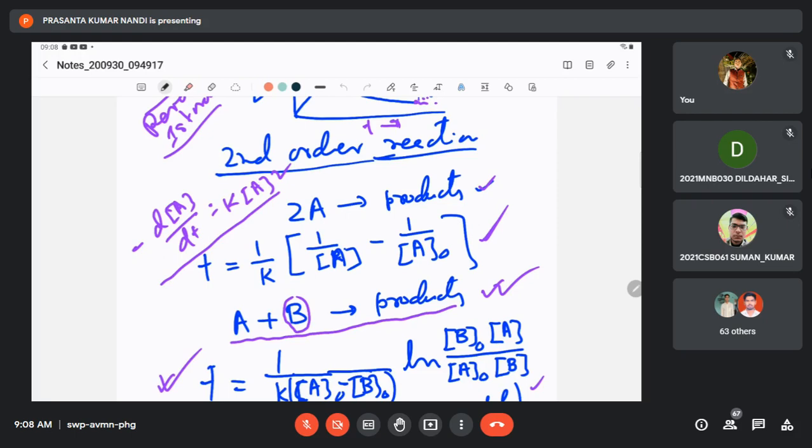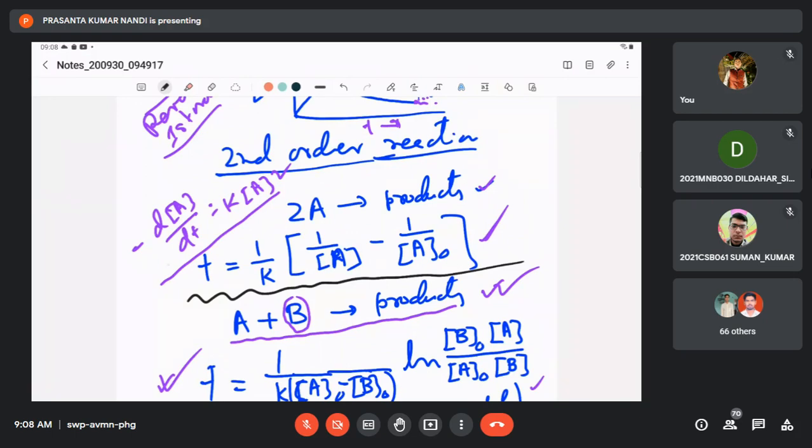So you know this equation, and this is the integrated rate equation, that is t equal to 1 upon k, the rate constant, into 1 upon A. I think you are familiar with this sort of expression, on integration.